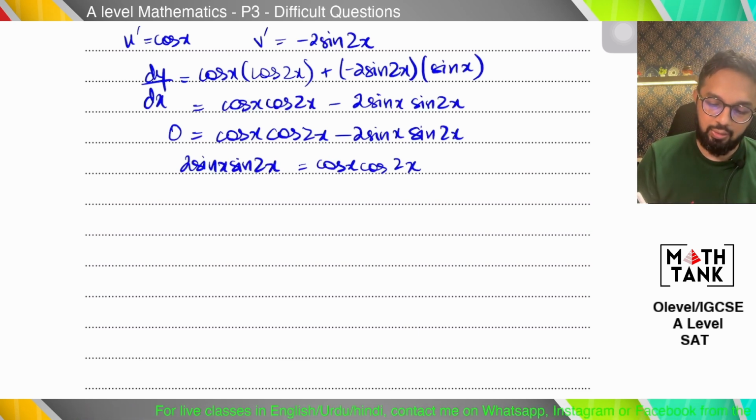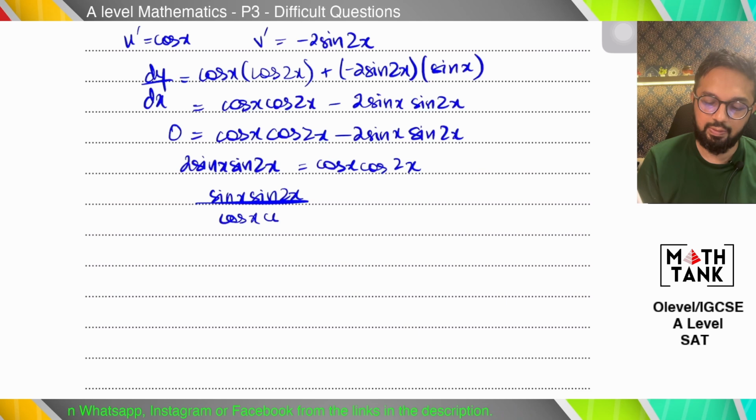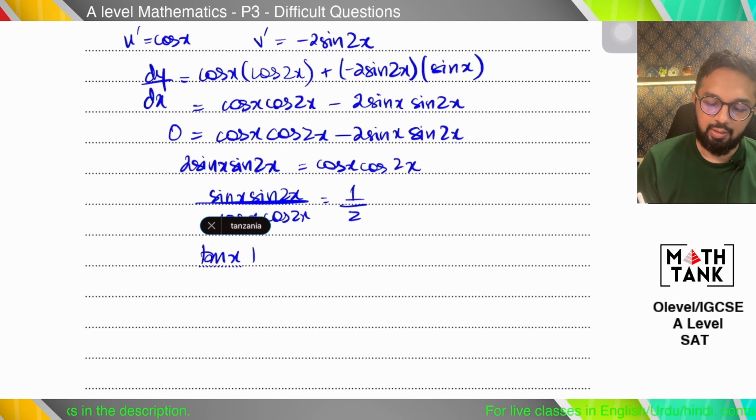So then I can do sine x, sine 2x over cos x, cos 2x equals to 1 over 2. So that gives me tan x, tan 2x equals to 1 over 2.